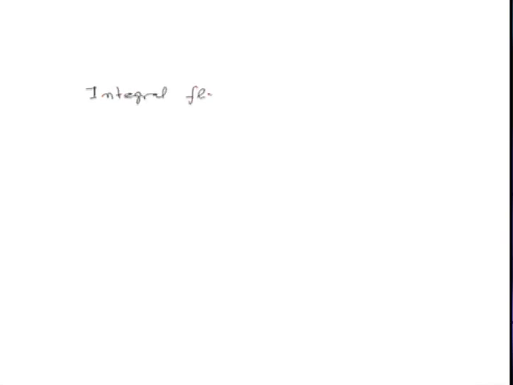So, what was our integral form? In integral form we had two terms. First was the temporal derivative, del by del t of the integral of rho dV, plus a surface integral. Now, let us see what happens if we have a fixed control volume, that is a control volume which does not change in time.